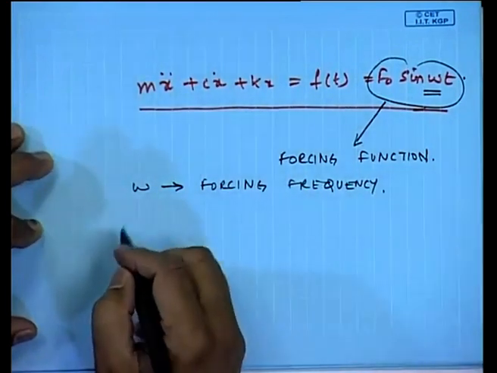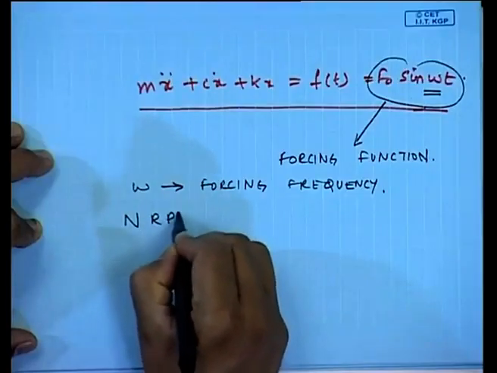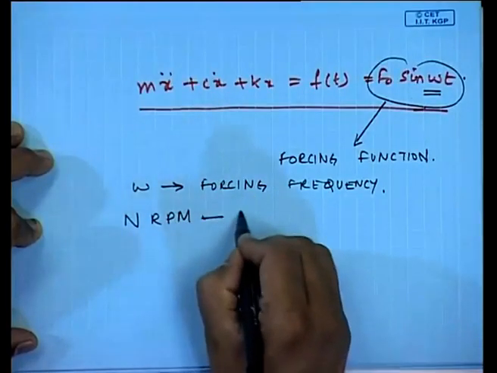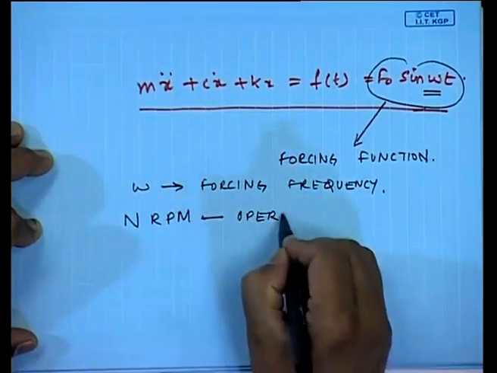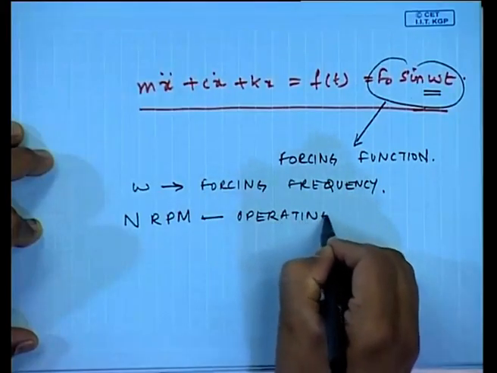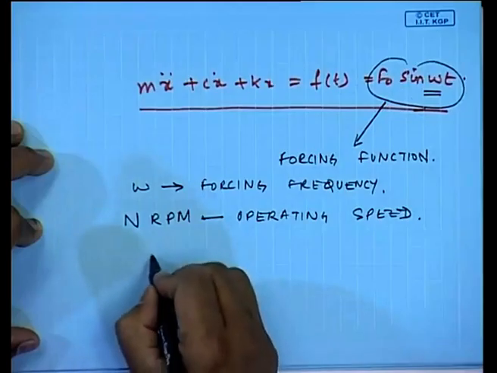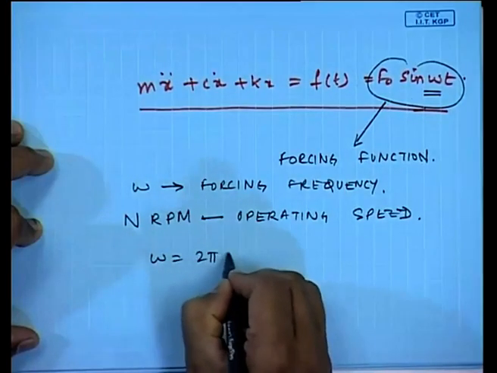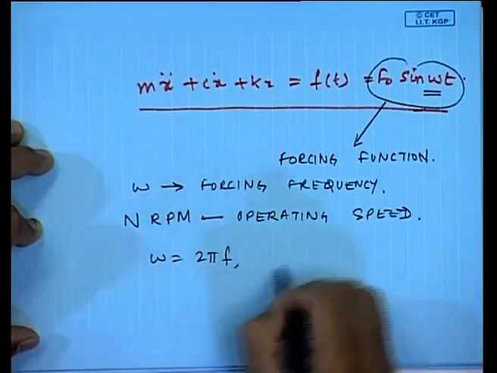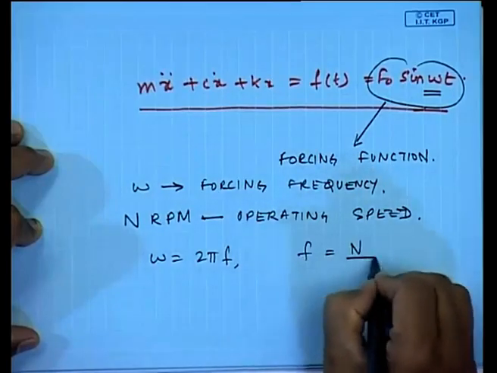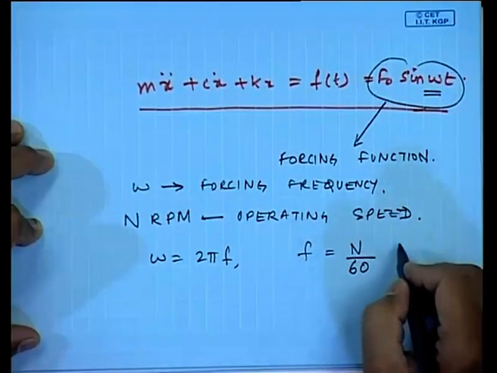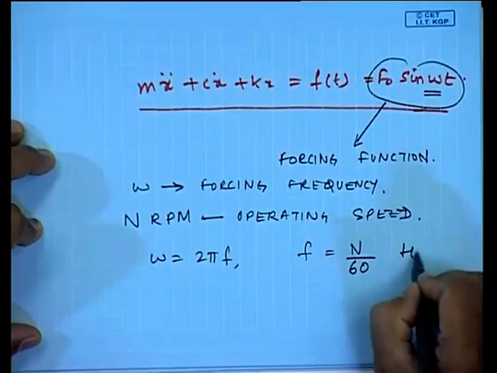So, if a machine is running at say n rpm as its operating speed, then this omega is equal to 2 pi f, and this f is nothing but n by 60 rotations per second or hertz.